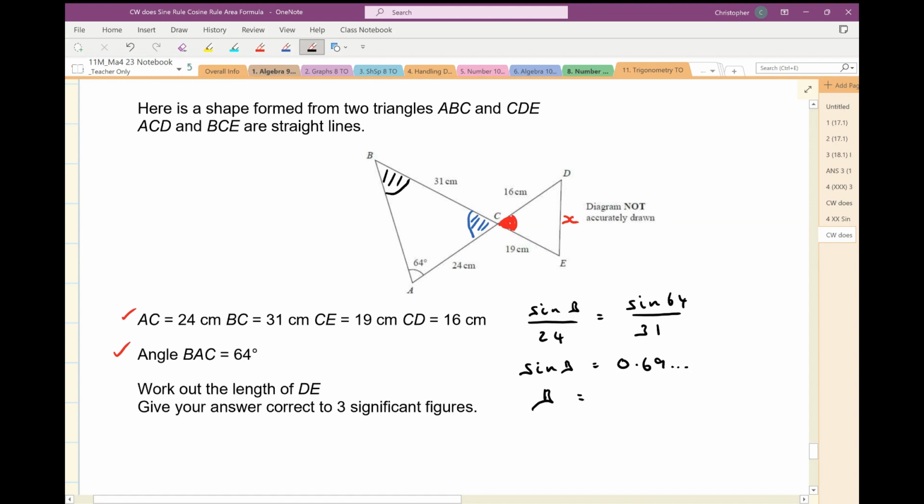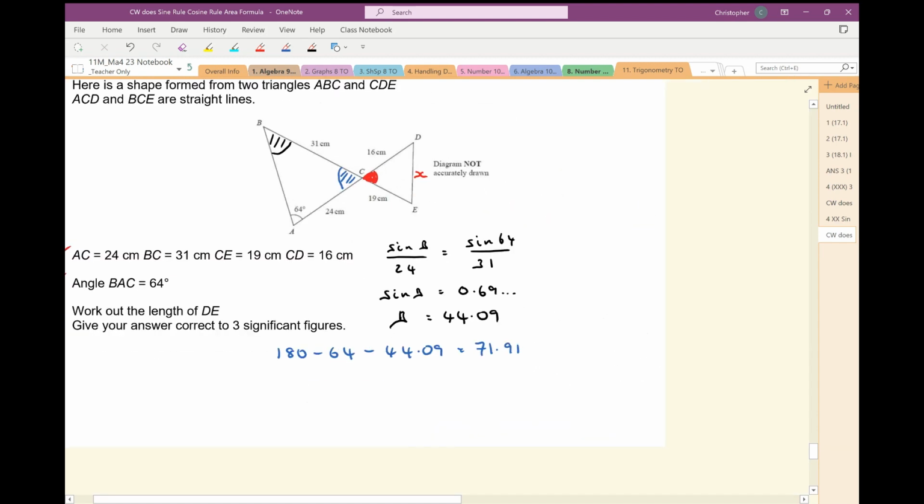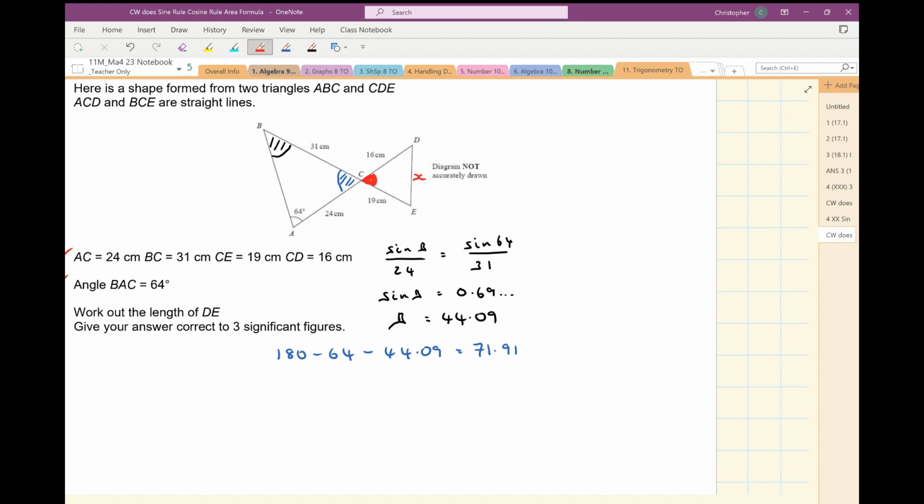Inverse sine that gives you B is 44.09. Great. Now find the blue angle. Well, the blue angle is going to be 180 minus 64 minus 44.09. So that blue angle is 71.91.